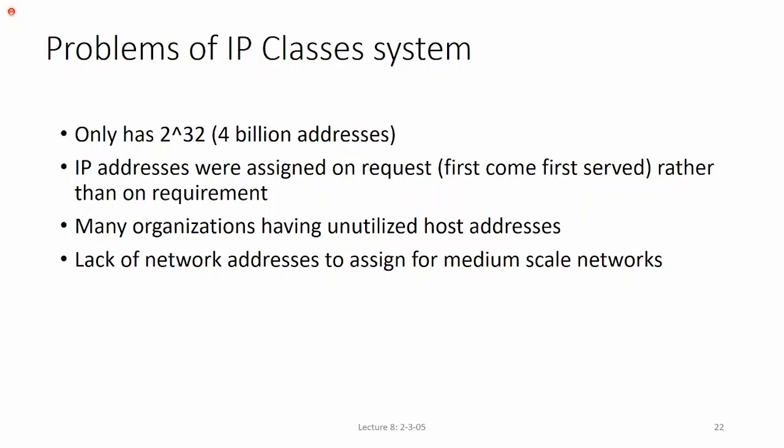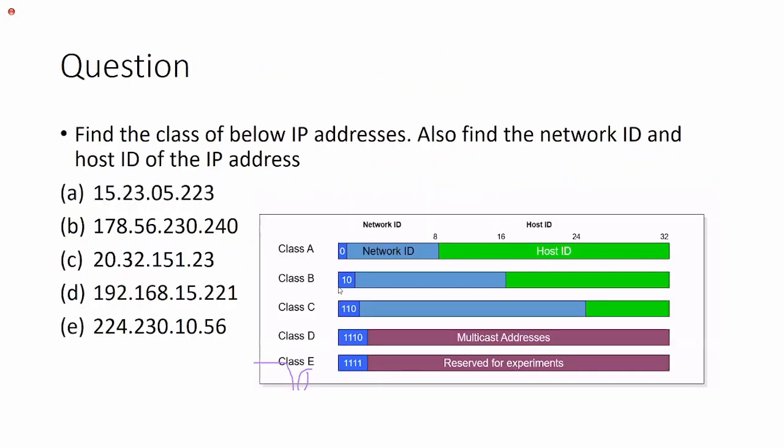But when the network grew, there was so much demand for IP addresses, and there were problems with giving them out. Let's first look at an example. Let's say an organization is given a class B IP address. When the first IP addresses were given, they were given freely. You didn't consider anything. Now let's say you have a class B network ID.